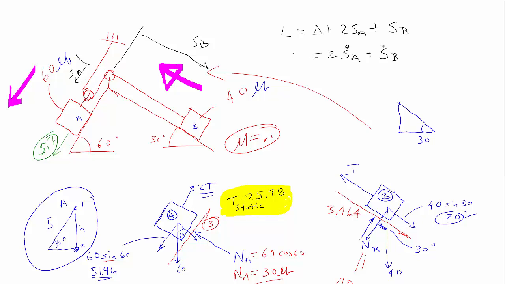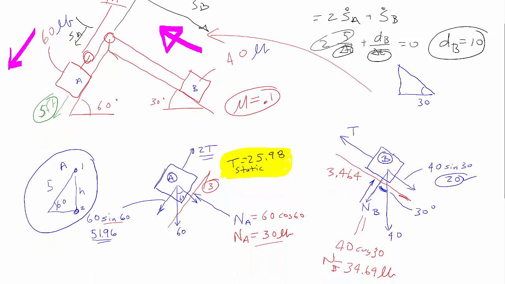If A moved 5 foot in so many seconds, then B moved the distance that B moved over the same time, and that has to equal 0. So apparently, if this is 10, the distance that B moved will be 10 up the plane.